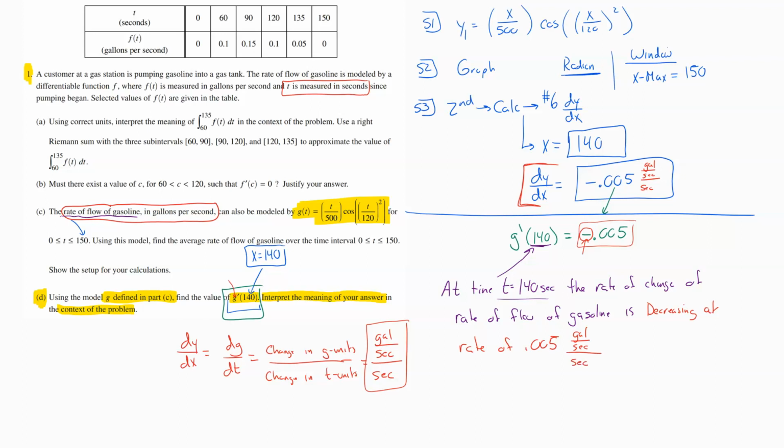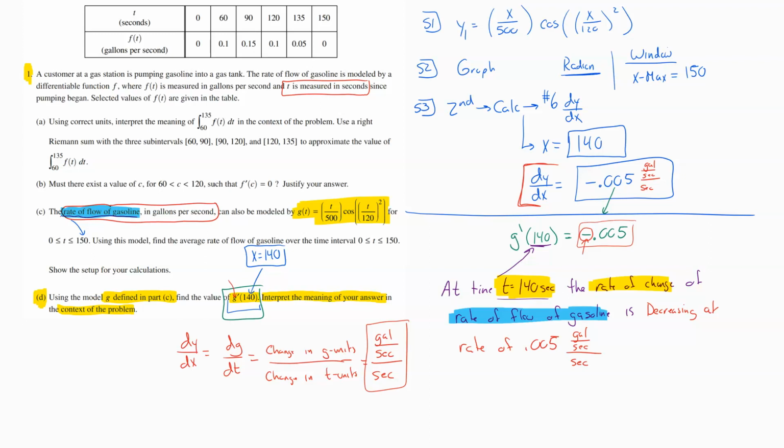So how I look at this is, usually it's time t equals whatever that value is, and make sure you put the units in. The rate of change, always use that, because that's what you're finding with the derivative. Then whatever your y value is, the rate of flow of gasoline, you copy and paste it, really.